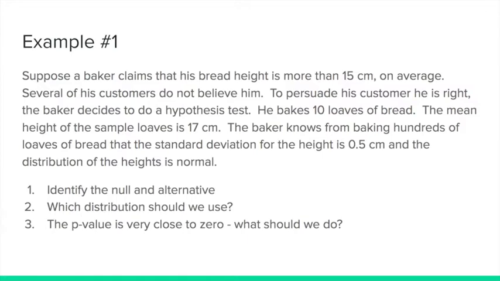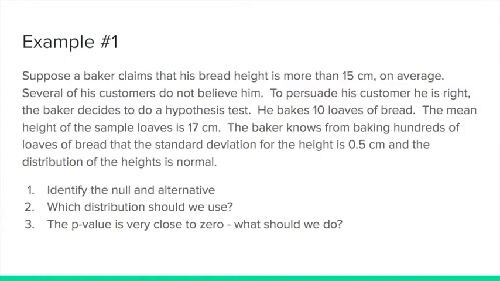All right, so the important thing though is not just to reject the null hypothesis. That's the correct decision. But the actual conclusion is, what do we know now about the baker's bread height? Well, remember that his claim is greater than, which was our alternative hypothesis. So if we reject the null hypothesis, then the data supports the alternative hypothesis, that the bread height is greater than 15 centimeters.